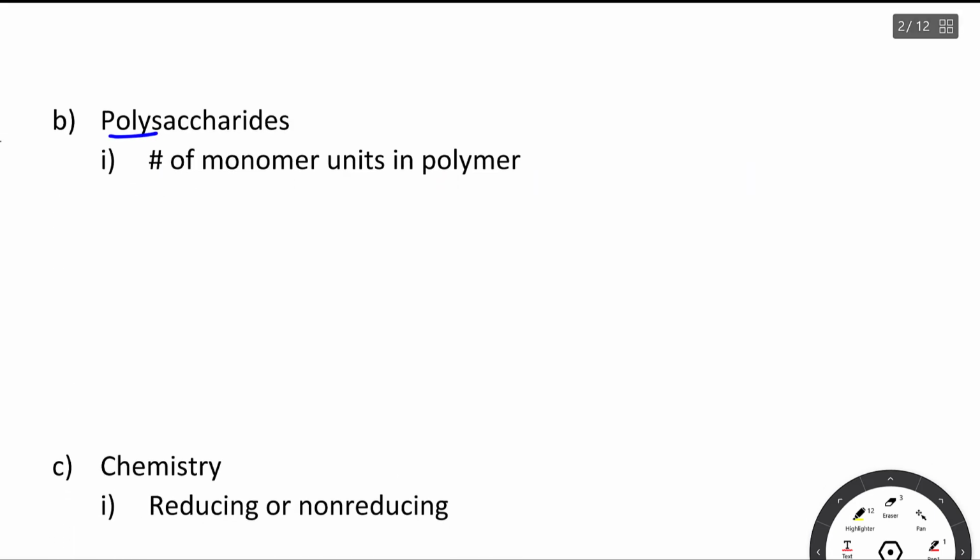Okay, so it's kind of a funny thing. There's disaccharides, that would be 2 units put together. There's trisaccharides.